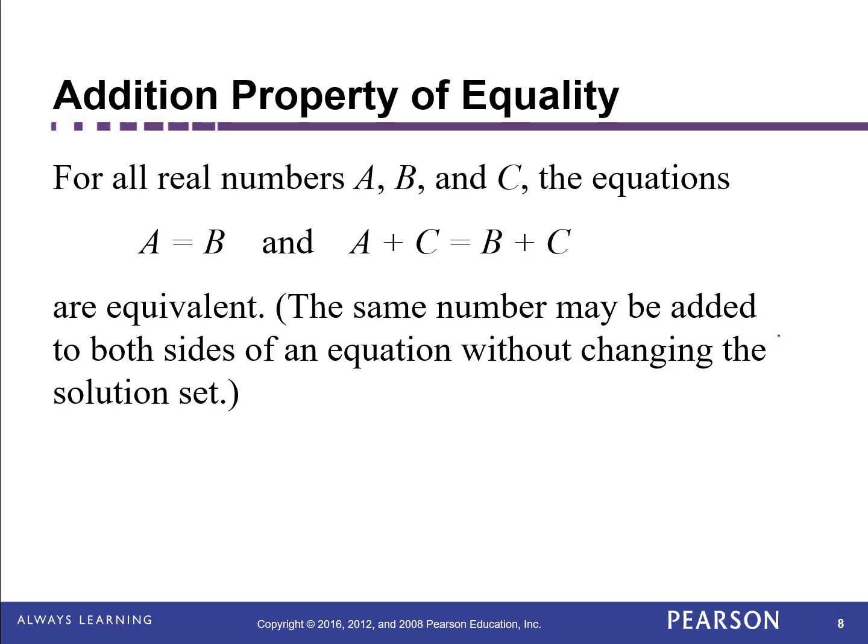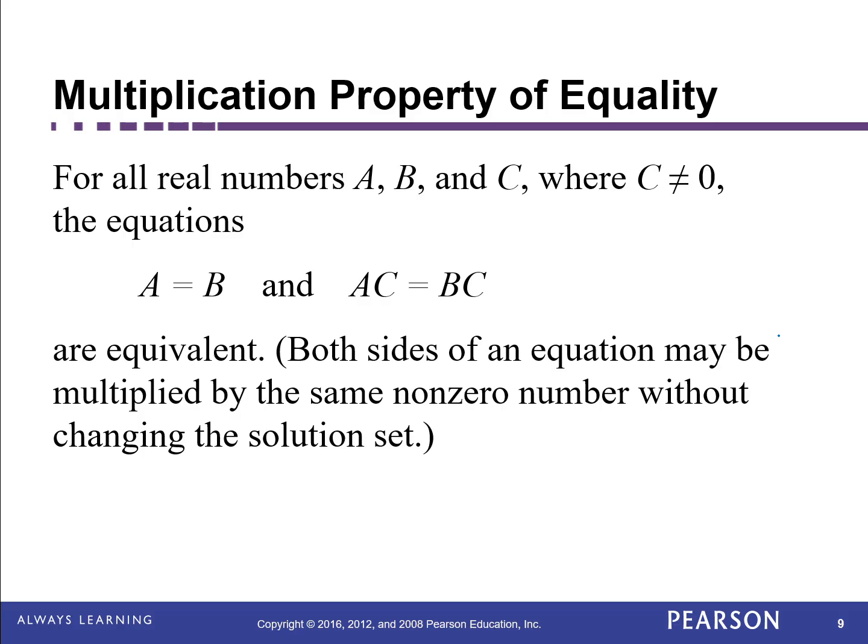So, let's look at the addition property of equality. For all real numbers a, b, and c, the equations a equals b and a plus c equals b plus c are equivalent. The same number may be added to both sides of an equation without changing the solution set. So adding a number to both sides is not going to change the solution set.